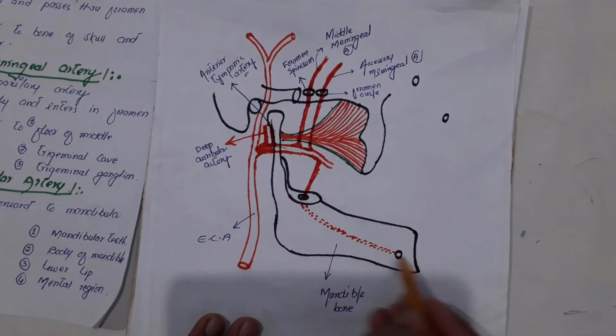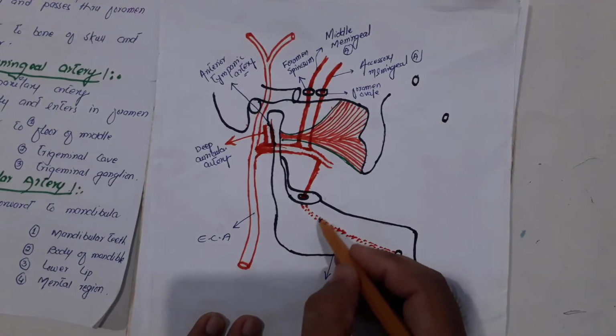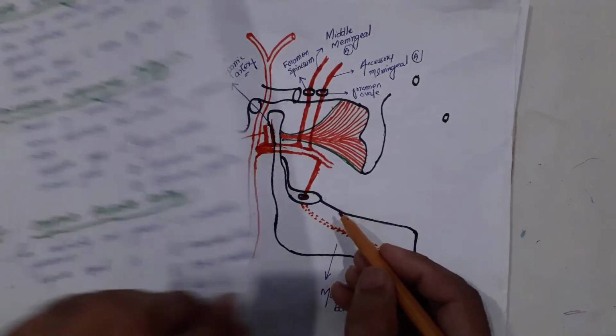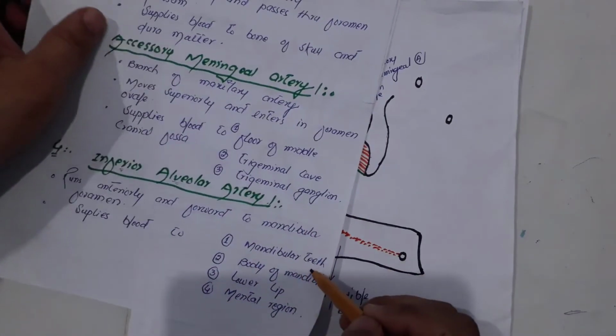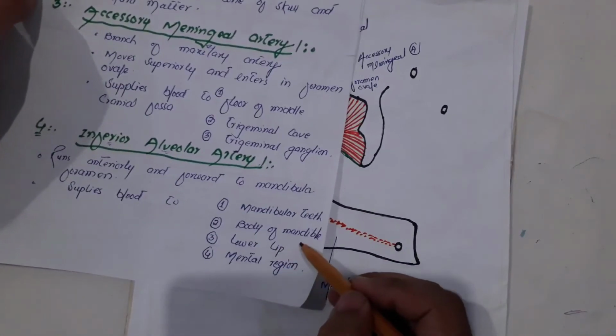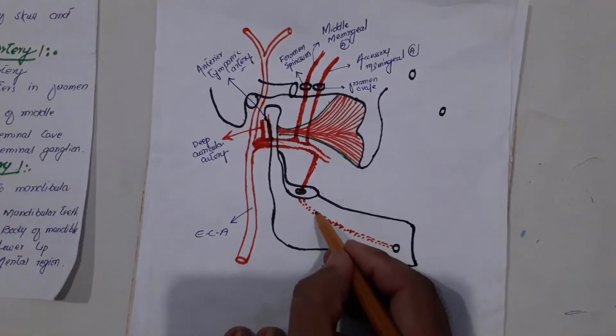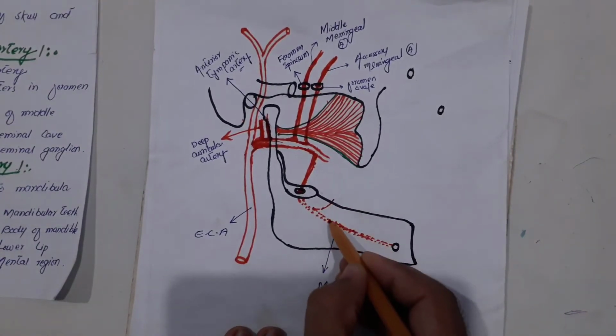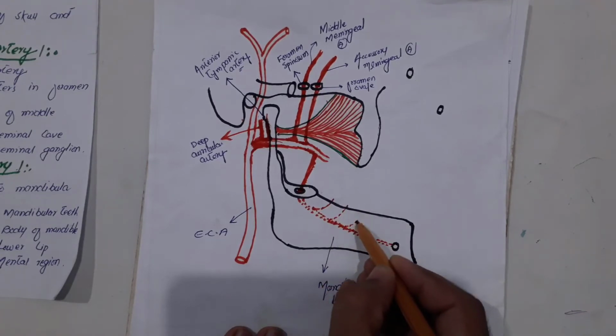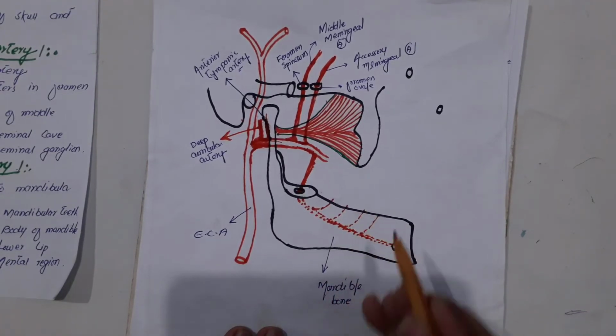So when it enters like this, it gives off branches. I had told you that this artery is responsible for supplying blood to the mandibular teeth, right? To the body of the mandible. So this artery gives off small branches like this, right?